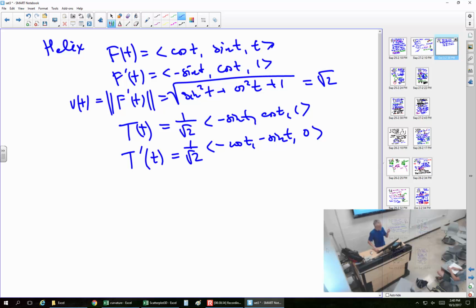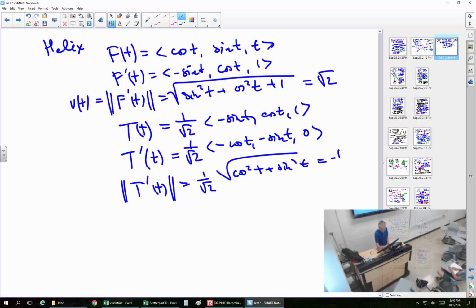Those were average velocity and average acceleration, and this one is instantaneous velocity and instantaneous acceleration. So that is our T prime. And now the magnitude is 1 over square root of 2 times the square root of cosine squared t plus sine squared t, which gives 1 over square root of 2.